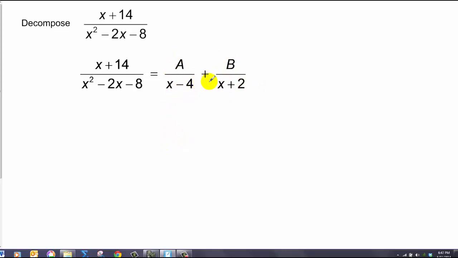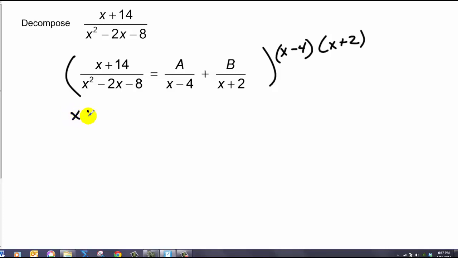Now, if I want to solve for A and B, what I'll need to do to both sides is multiply by the common denominator, which is (x - 4) times (x + 2). In doing that, you'll notice the denominator on the left side goes completely.